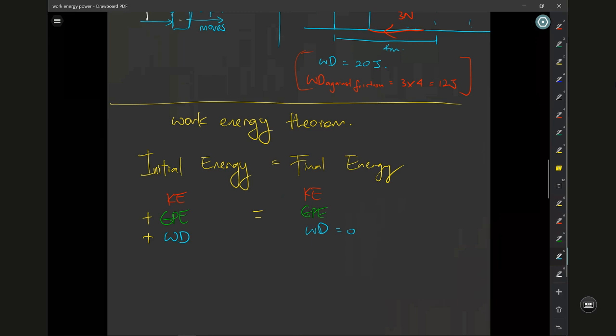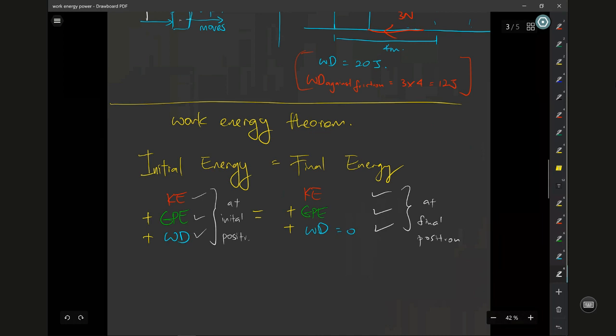But in any case, these 3 should sum up to give you the final energy at the final position. So this is obviously at the final position, and this three also should be at a position, but it's known as the initial position.